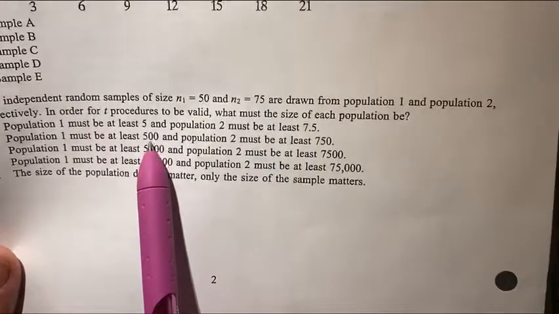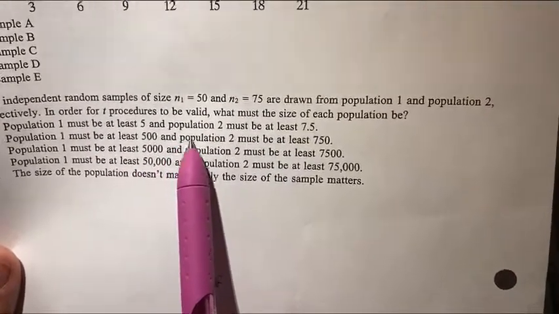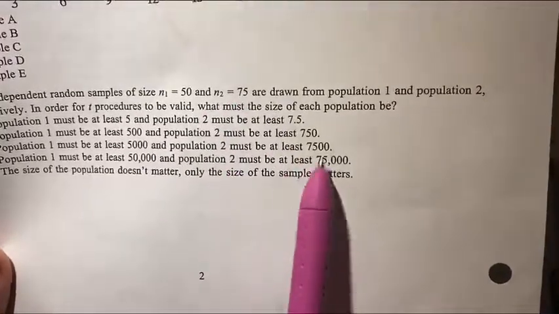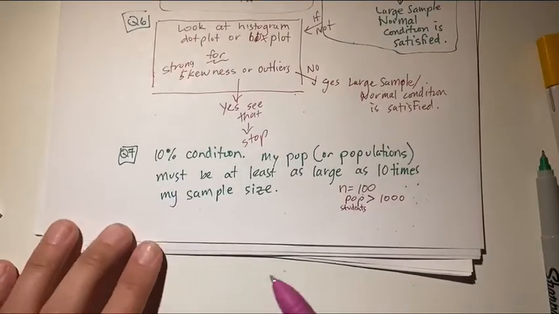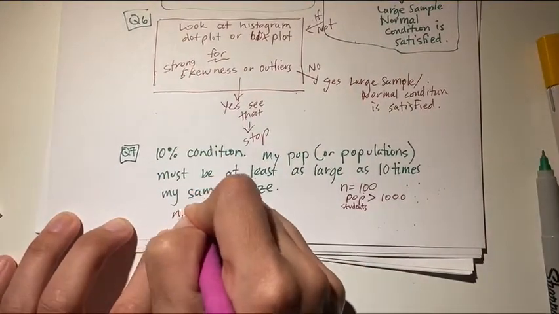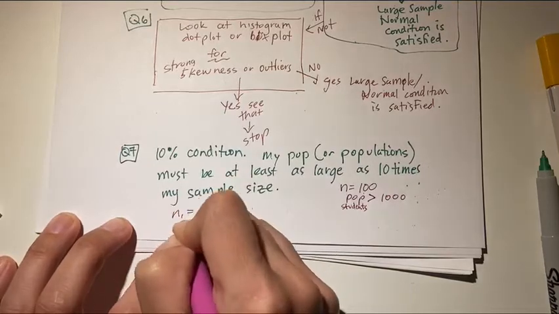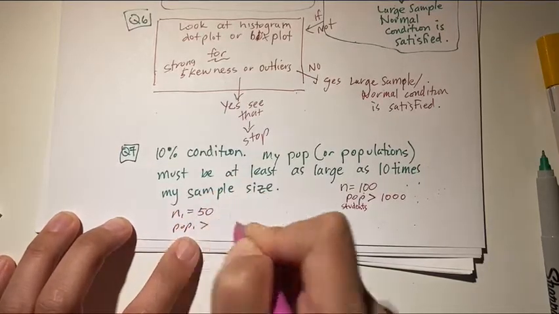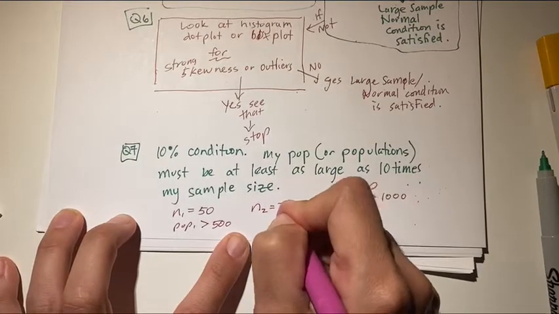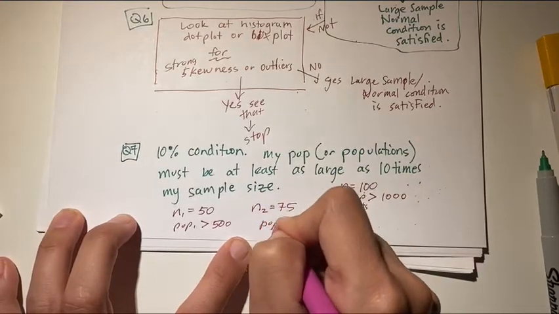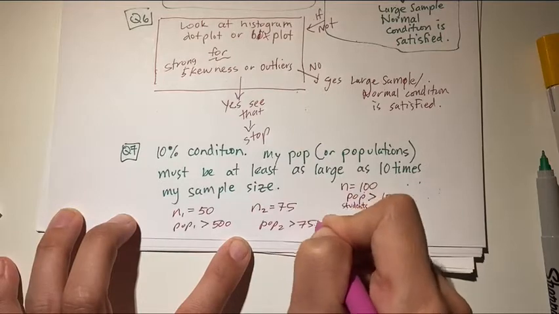It can't be any smaller than that, right? And population 2 must be at least 750 because that's 10 times the sample size. So let's write that out. If N1 is 50, then POP1 has to be greater than 500. If N2 is 75, then population 2 must be greater than 750.